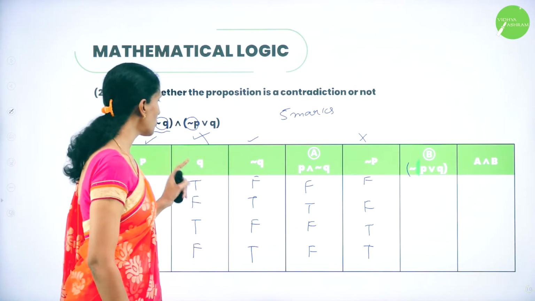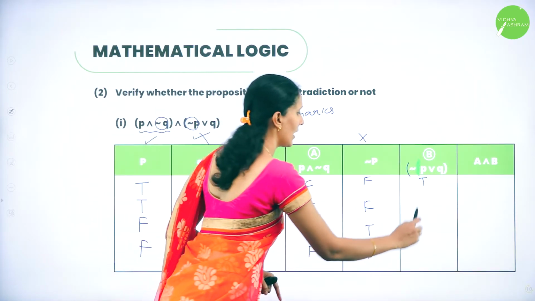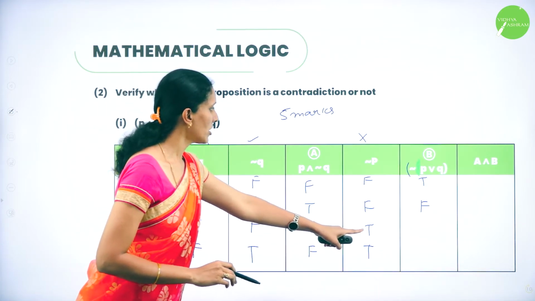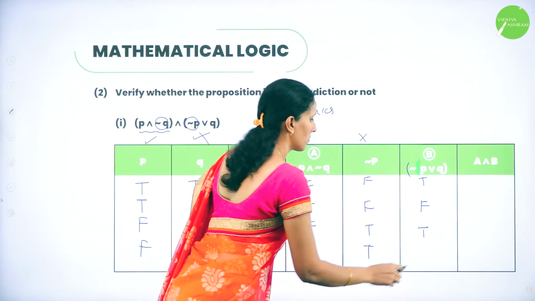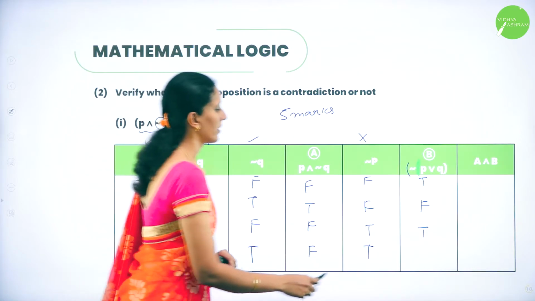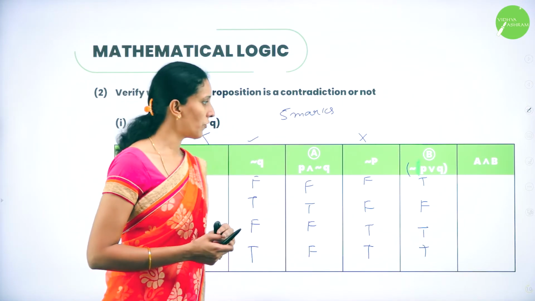False, true, therefore it is true. Again false, false, it is false. Next case, negation P is true, Q is true, so it is true. Next case, negation P is true, Q is false, therefore it is true. It is false only when both are false.